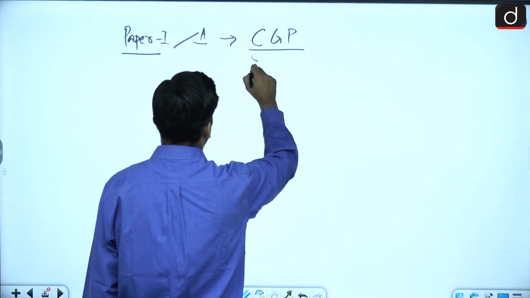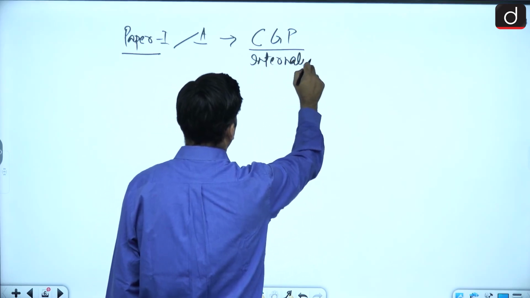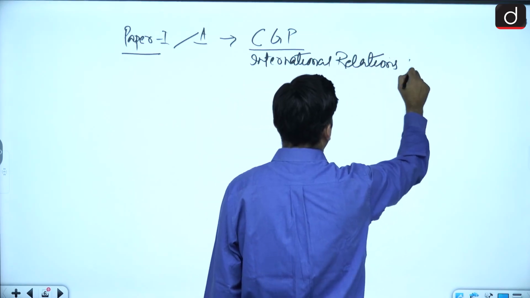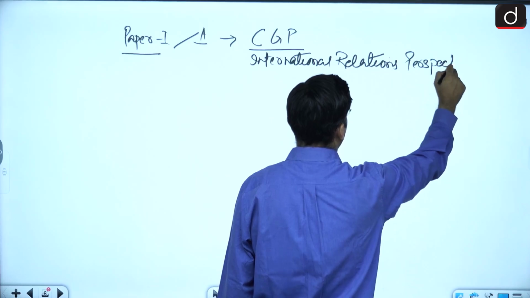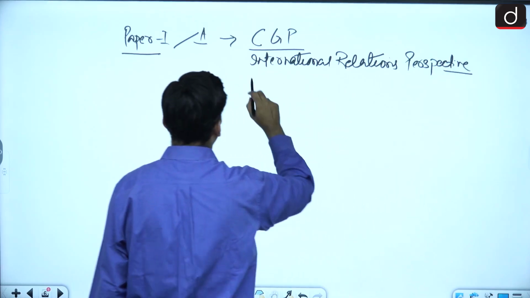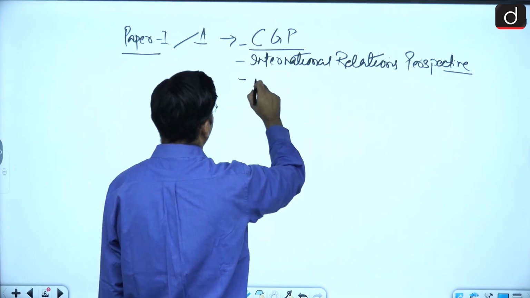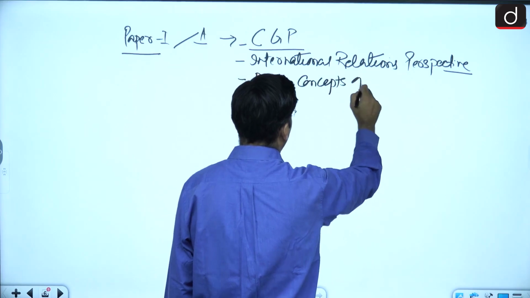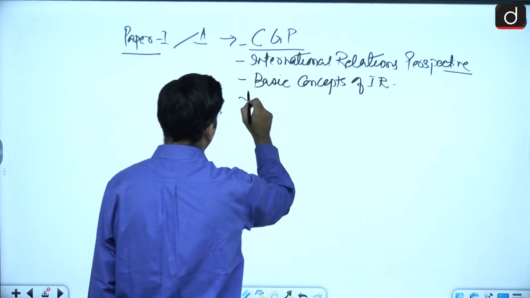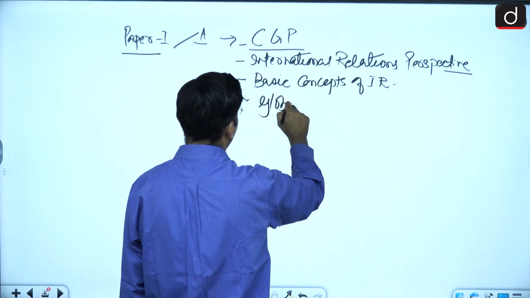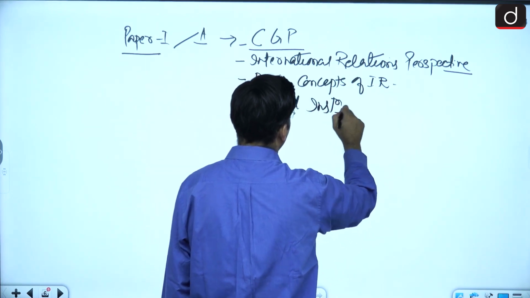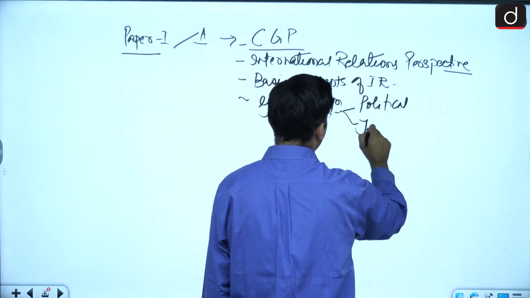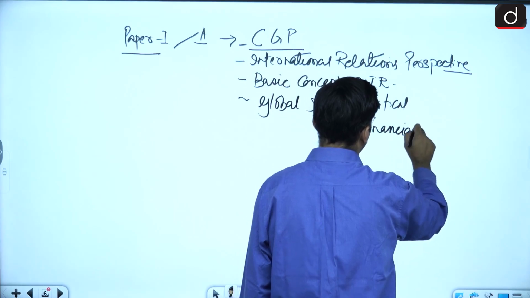Then there are international relations perspectives that we come across, okay, and then there are some basic concepts of IR. Then there is a theme on global institutions, so both political and some, we can say, financial. So we tend to read these areas also.